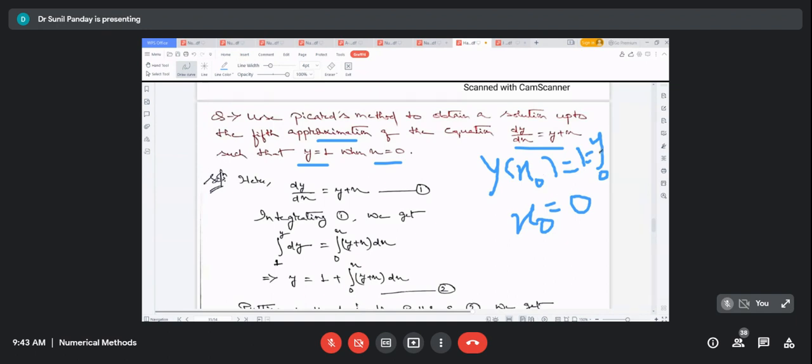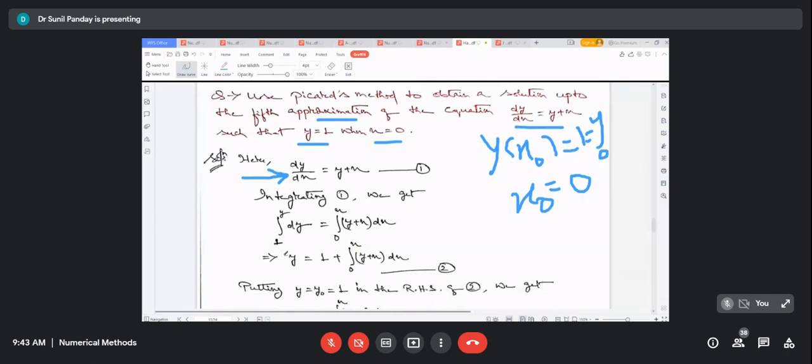So y naught equals 1 is given and x naught equals 0 is given. So this is your given differential equation, dy/dx = y + x, equation 1. Then we have to integrate within the domain 0 to 1, and then we will have this one. So they are writing again and again.